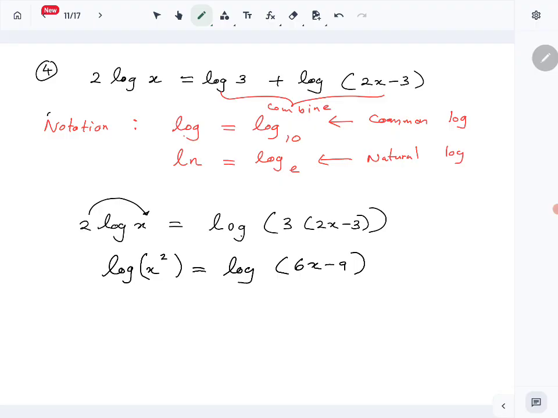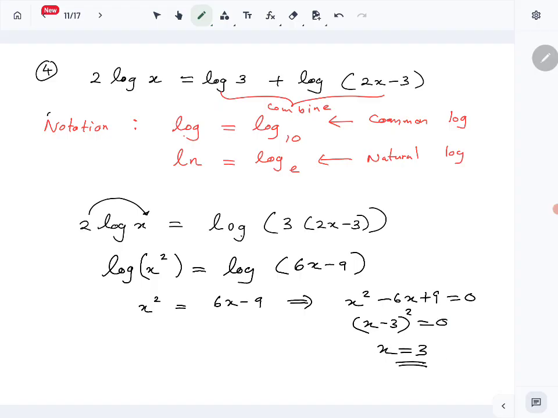Same base 10 logs. So then you can drop the logs and just equate what's inside of these log terms. Then it becomes a quadratic. You just solve the quadratic. So x minus 3 all things squared. So x equals 3.